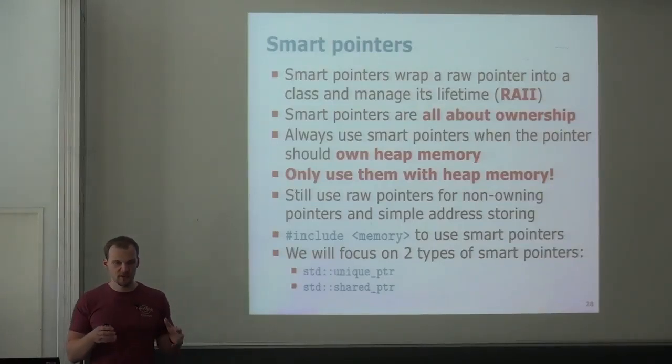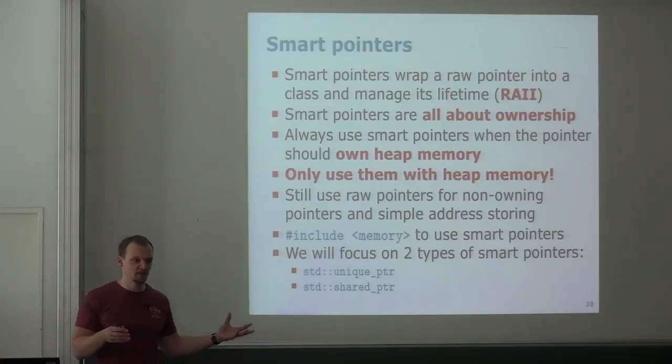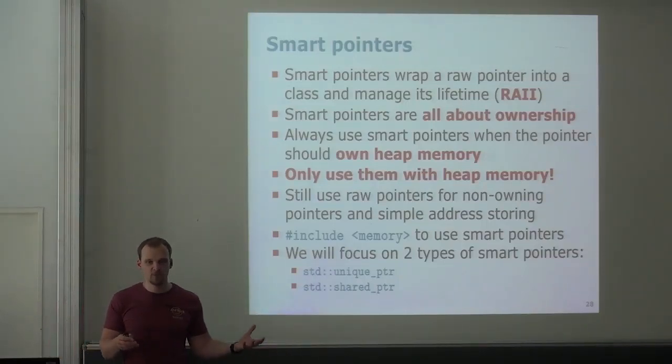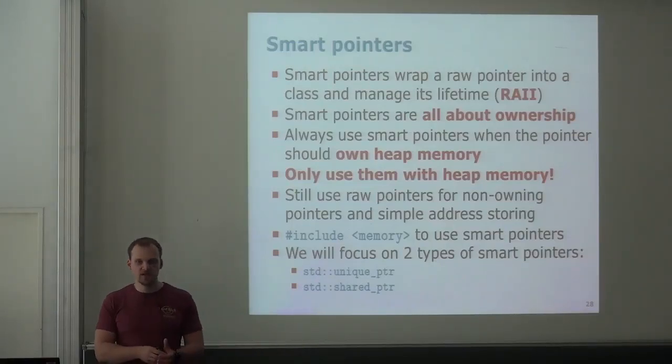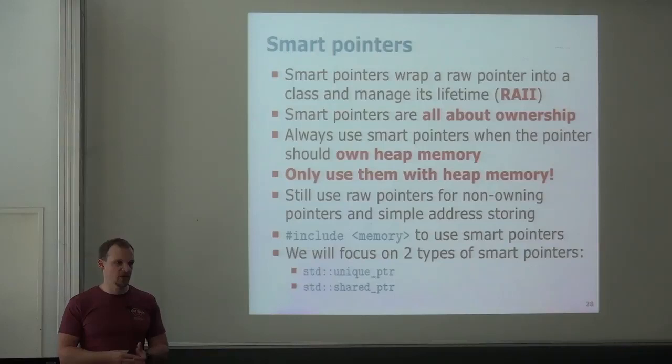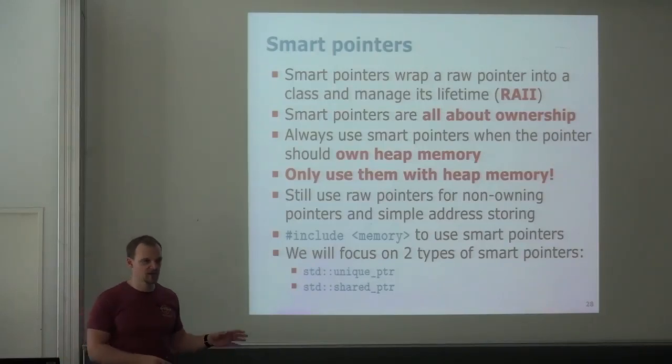Whenever you still have some function that just takes a raw pointer, and it should just work because you maybe want some polymorphic type or something like that, but it shouldn't own that pointer, just use raw pointers as normal, the ones that we have discussed before.